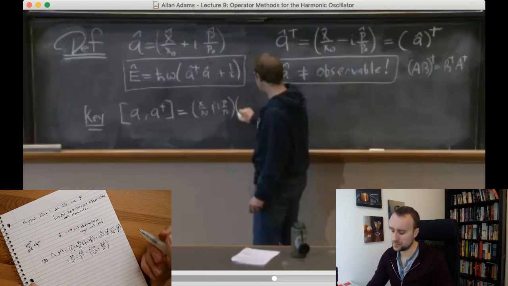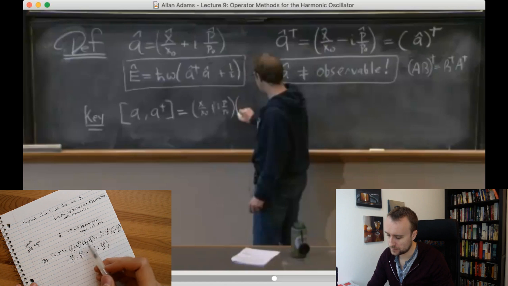Oh, the order of the operators matters, so I can't do what I'm doing, because this is x times p. Hold on a sec, I can't cross out those terms. Forgetting I have operators here. So let me just add into the formula.